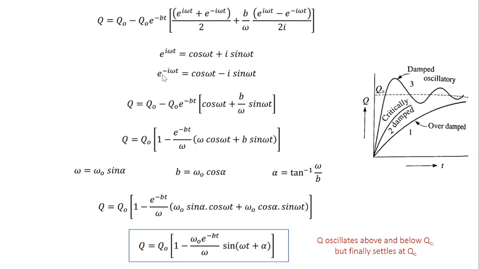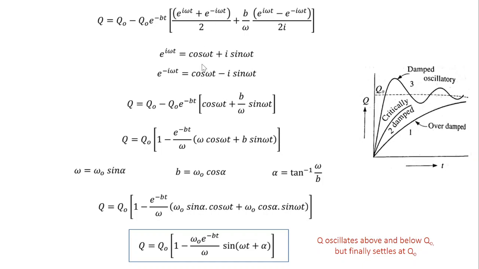In the case of electromagnetic waves, we have seen that sine and cosine can be combined in the form of an exponential equation as e to the power i omega t equal to cos omega t plus i sine omega t. Similarly, e to the power minus i omega t is cos omega t minus i sine omega t. Now, what is e to the power i omega t plus e to the power minus i omega t?